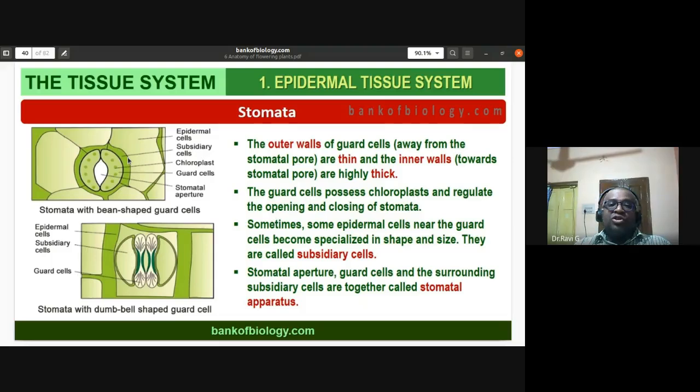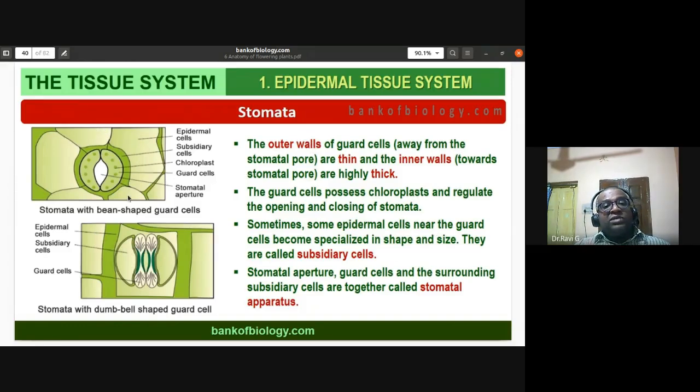The stomatal aperture you can also just call the stoma, or the stomatal pore. The guard cells and the subsidiary cells together constitute the stomatal apparatus, or stomatal complex. That is what you can notice on the epidermal cells. We discussed the type of epidermis that we have, then we discussed stomata.